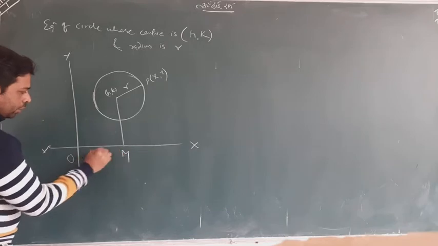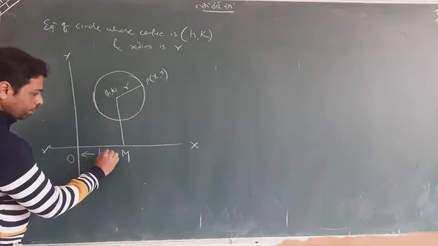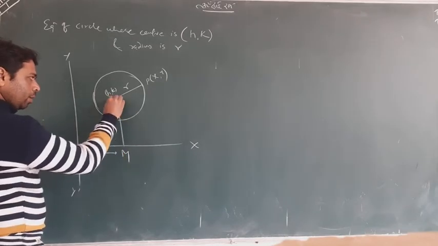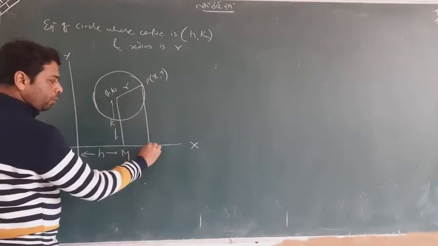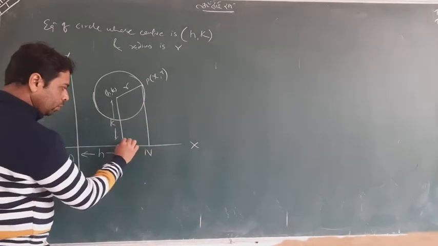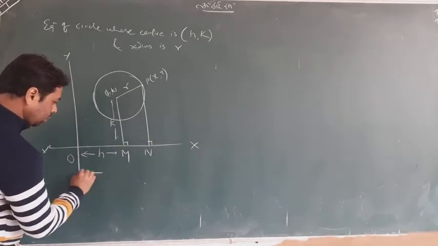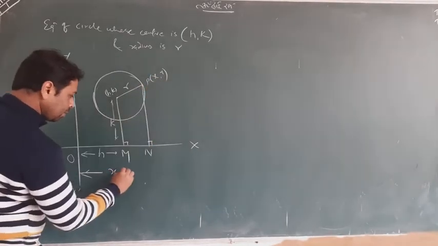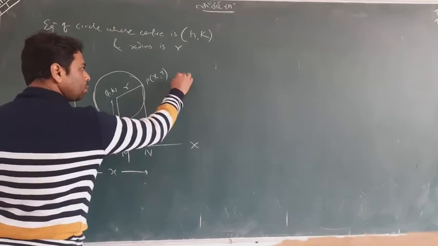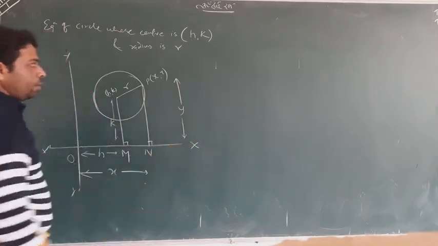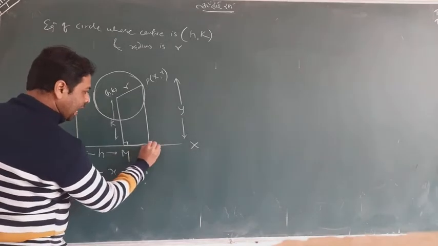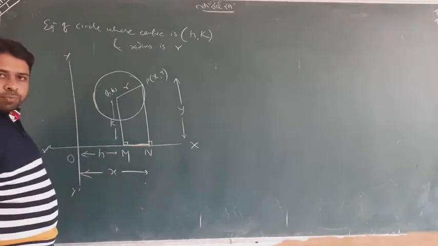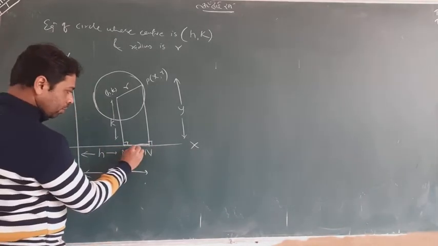I have two distances: this distance will be h, and this distance will be k. I again draw the perpendicular. Suppose this is N. This distance is x, and this distance will be y. Simple. Now I will find that distance: this distance will be x minus h.